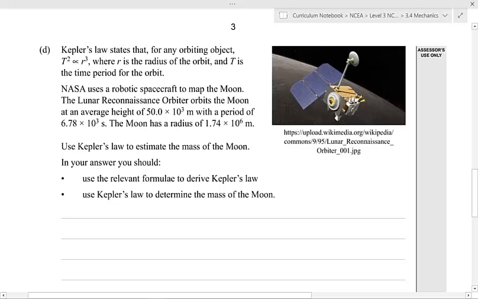Okay, so with this question, we don't need to worry about the fact that we don't know Kepler's law, because we're told what Kepler's law is. It's the relationship between the time period and the radius.